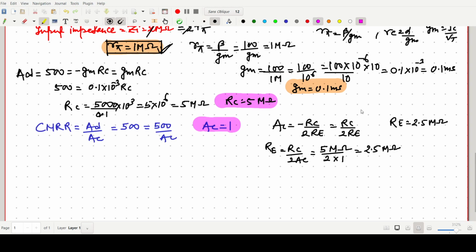Okay, so I'm again highlighting, because in the first part, these are the things we have to find. Now in the next part, we have to find VCC and VEE. For this purpose, what we have to do?